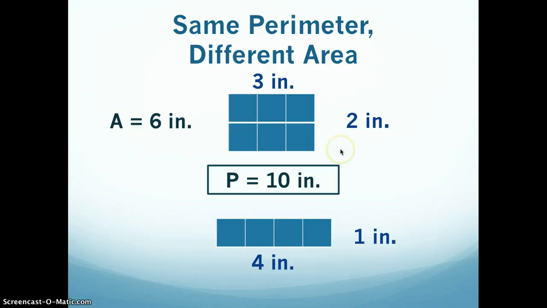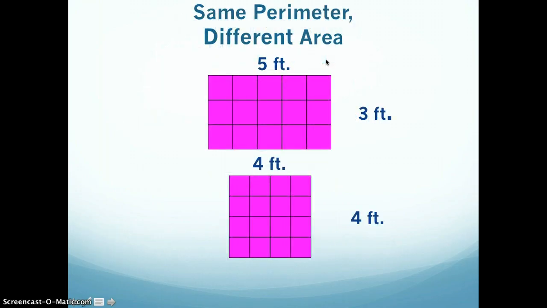Now to find the area, you just need to multiply the length times the width. 3 times 2 is 6, but in the bottom rectangle, 4 times 1 is only 4. Same perimeter, different area. Let's go ahead and try another one.